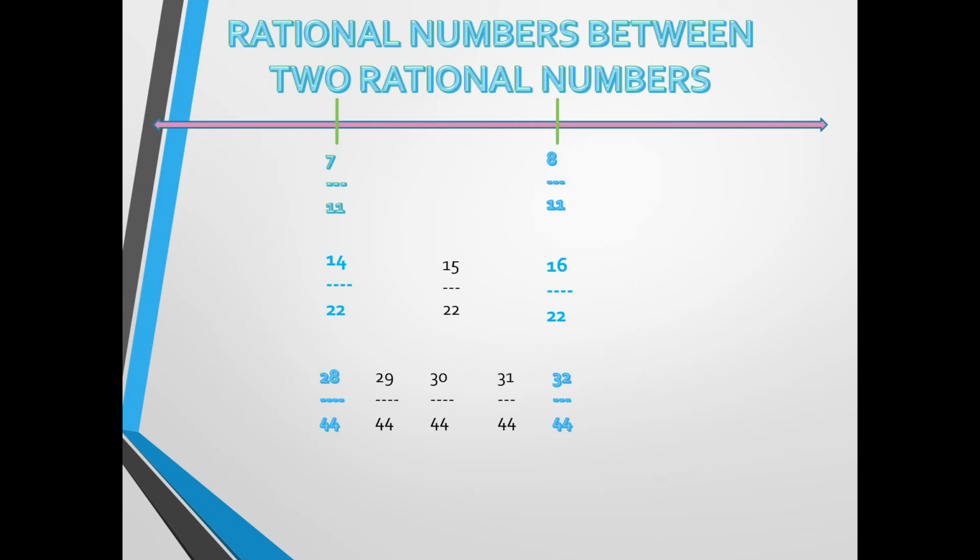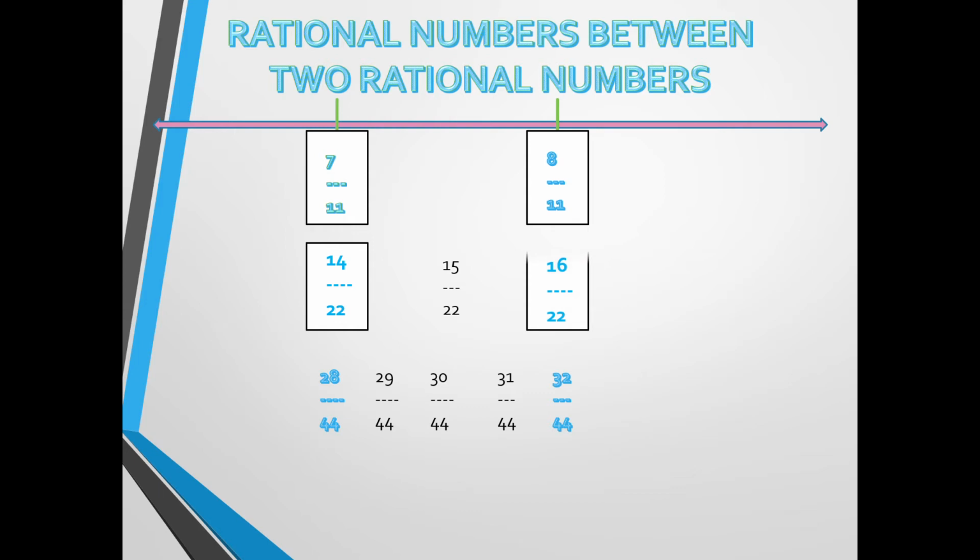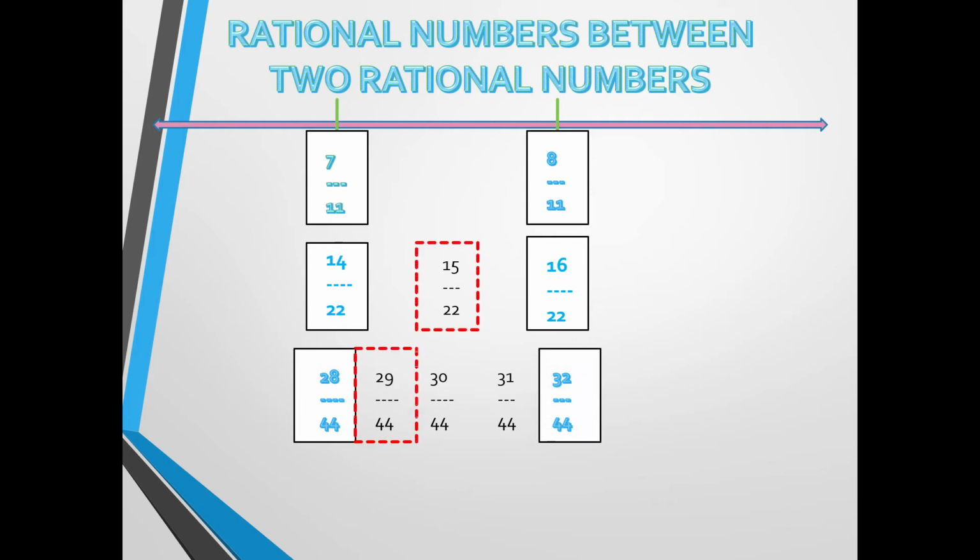So between 14 by 22 and 16 by 22 the number is 15 by 22, and between 28 by 44 and 32 by 44 we can find the numbers 29 by 44, 30 by 44 and 31 by 44. In this way we can find many more rational numbers between the same two points or the same two rational numbers.